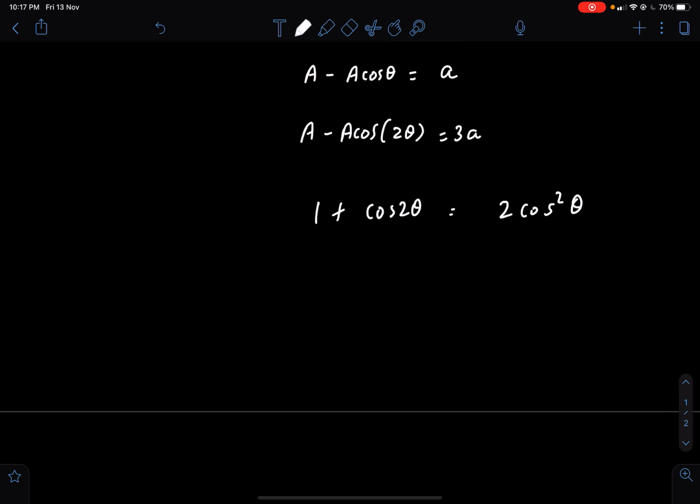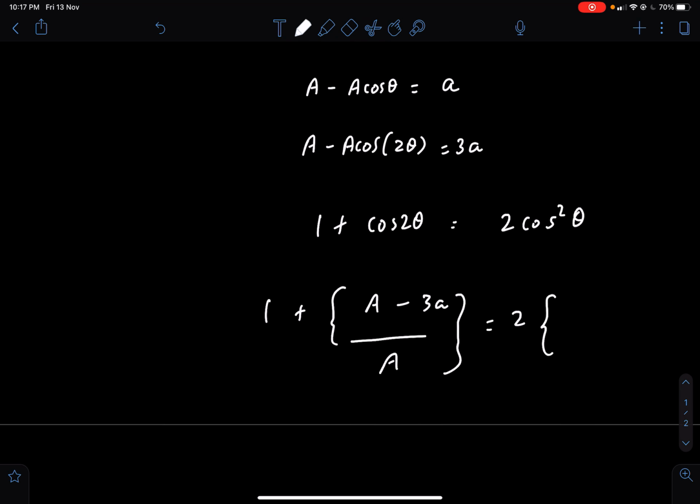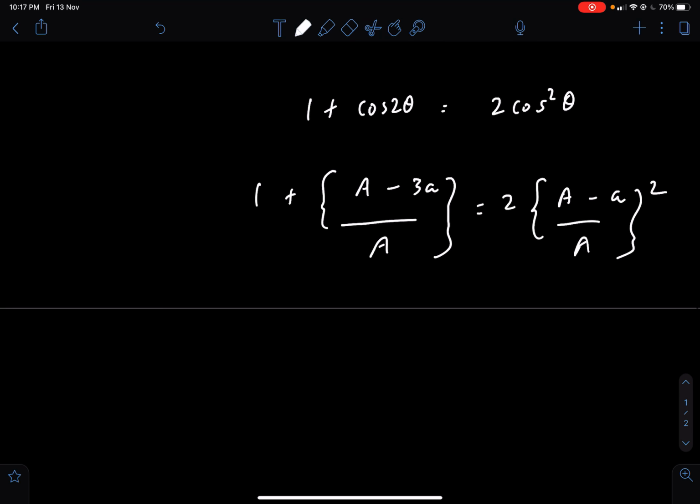So 1 plus, what is cos 2 theta? Cos 2 theta will be (A minus 3a) by A. And 2 cos square theta will be 2 times (A minus a by A) whole square. So from this quadratic you solve for A.